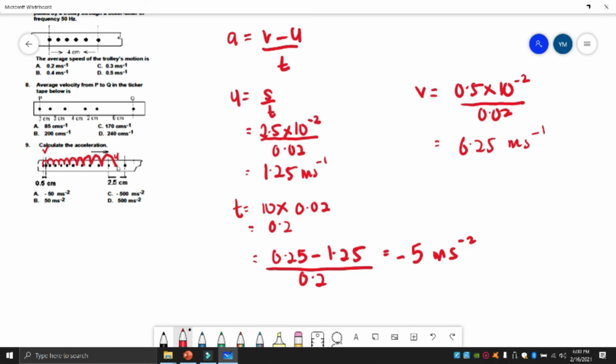So the answer is actually -5 m s -2. Negative means the object is decelerating. You can see the initial velocity is higher than the final velocity, so the velocity is decreasing.